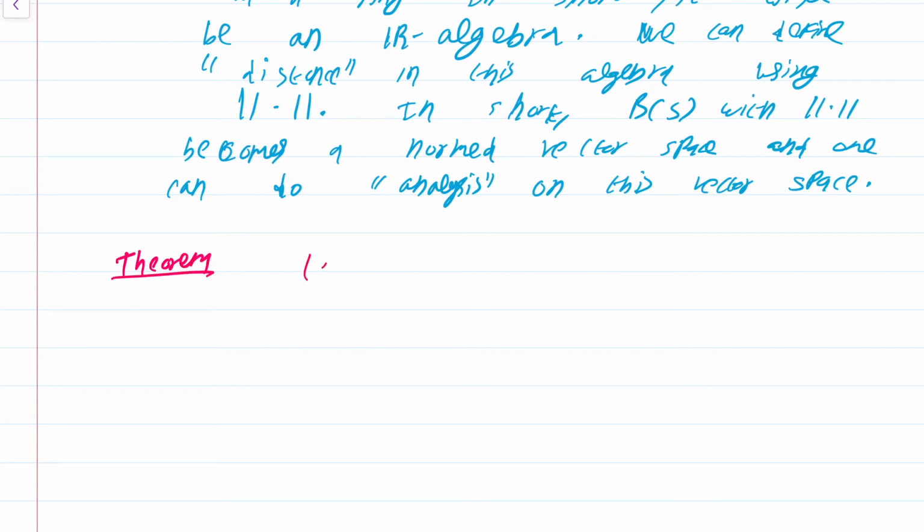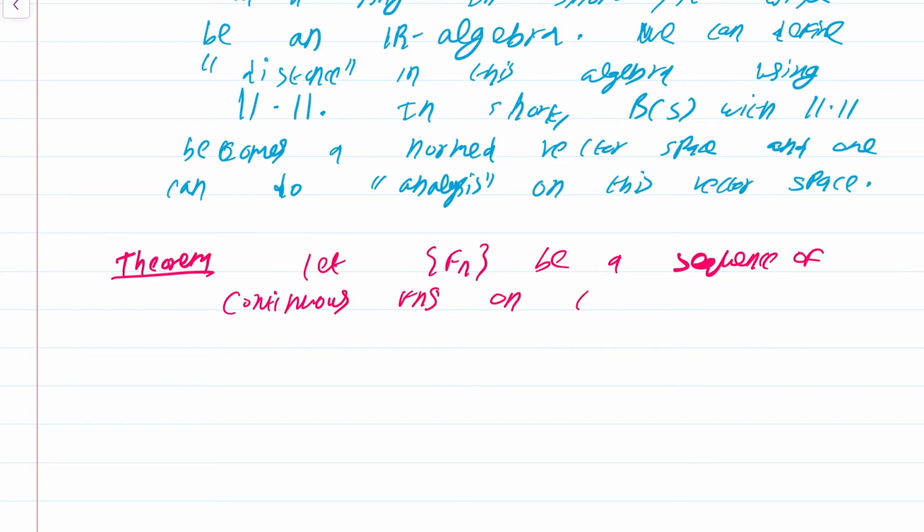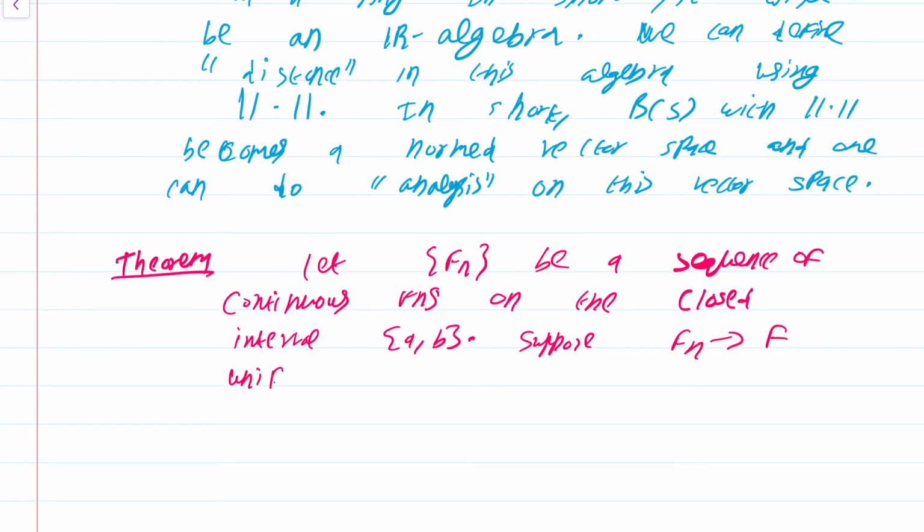Let Fn be a sequence of continuous functions on the closed interval [a, b]. Okay, suppose Fn converges to F uniformly. Then of course F is continuous, which we have already established in an earlier module.